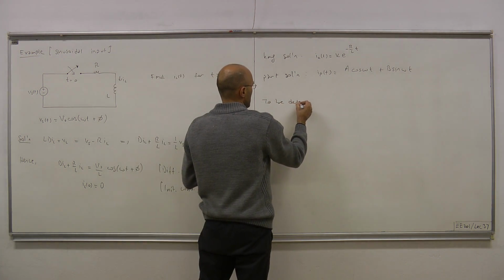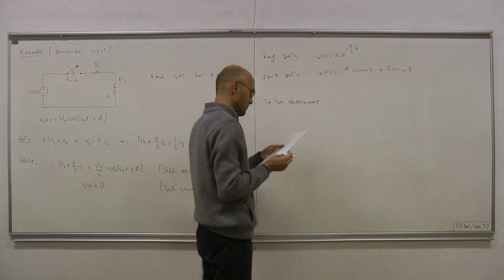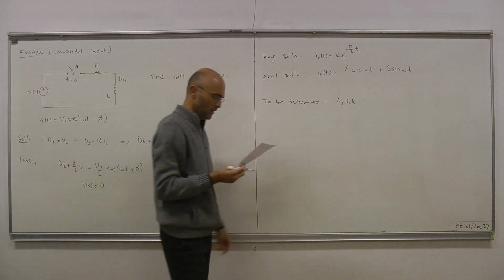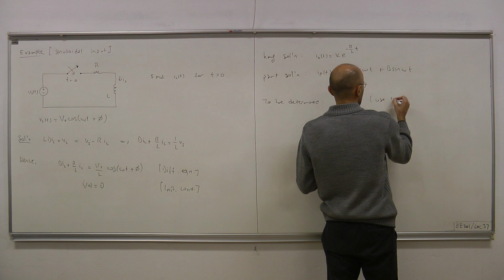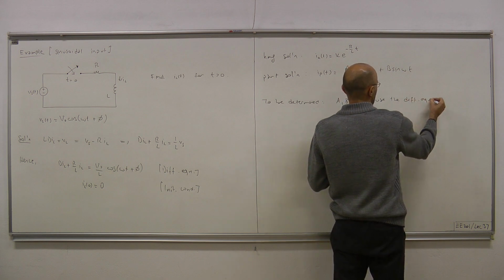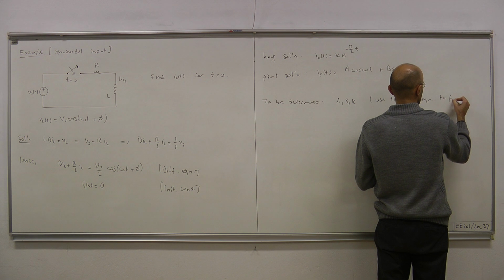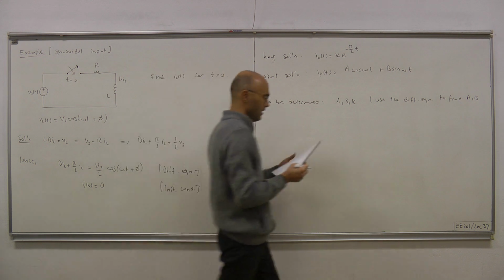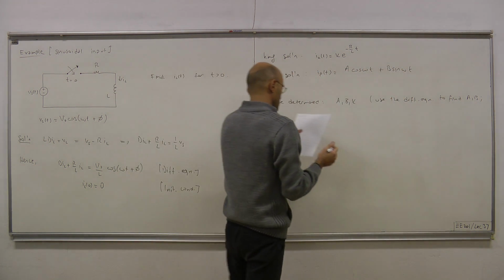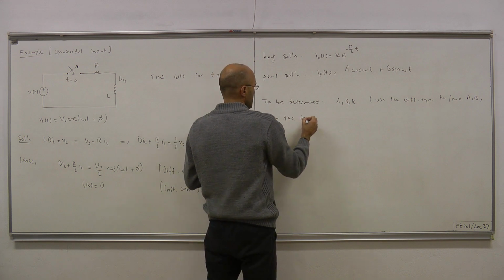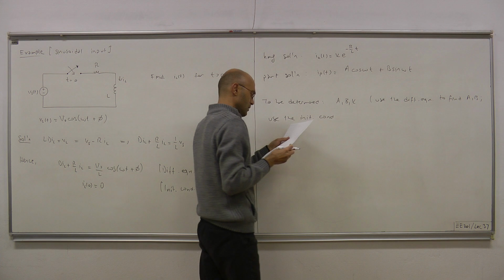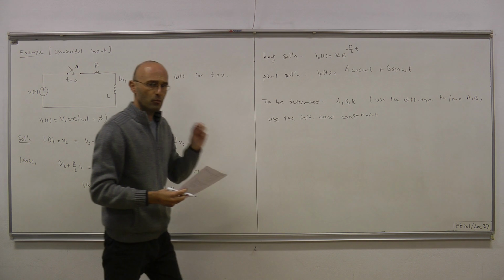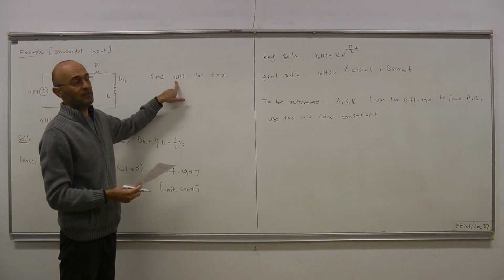So to be determined at this point are A, B, and K, three unknowns. Use the differential equation to find the particular solution's unknowns A and B, and then use the initial condition constraint, which is to be applied to ILT, not IHT.